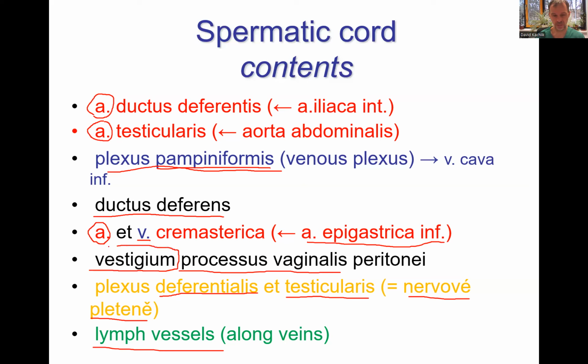These remnants can stay here in a form of cysts, so they can be enlarged, and it is necessary to distinguish them from tumor or from varicocele. So please remember that we have here vestiges of vaginal process of peritoneal cavity.